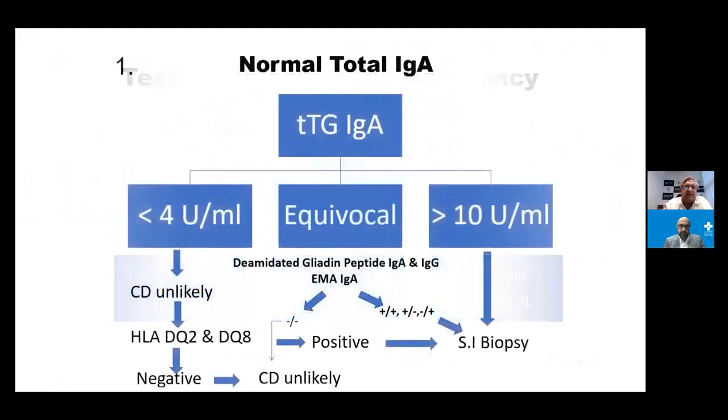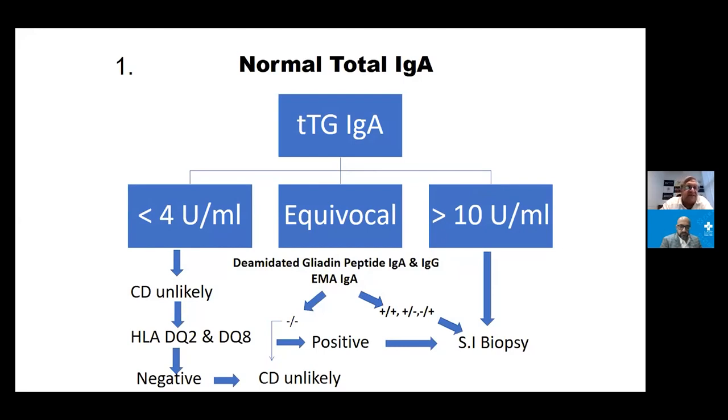The first one is when there is normal total IgA. If normal total IgA is present, then TTG of IgA isotype is what is required. If TTG IgA is more than 10 units per ml, this confirms that the person is screen positive.